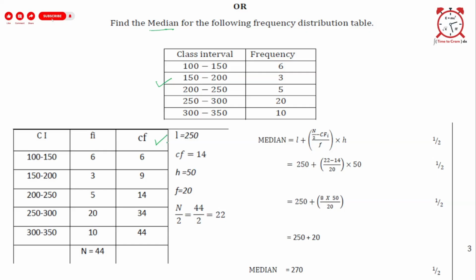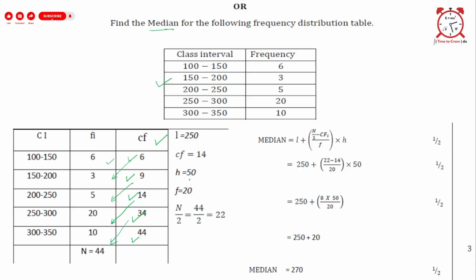Cumulative frequency: we add the respective frequency to the next class frequency. For the first class 6 is there, so 6. For the next class 6 is added to 3, then 9. Now this 9 is added to 5, then 14. This 14 is added to 20, then 34. And when 34 is added to 10, then 44. So 44 is the last cumulative frequency.